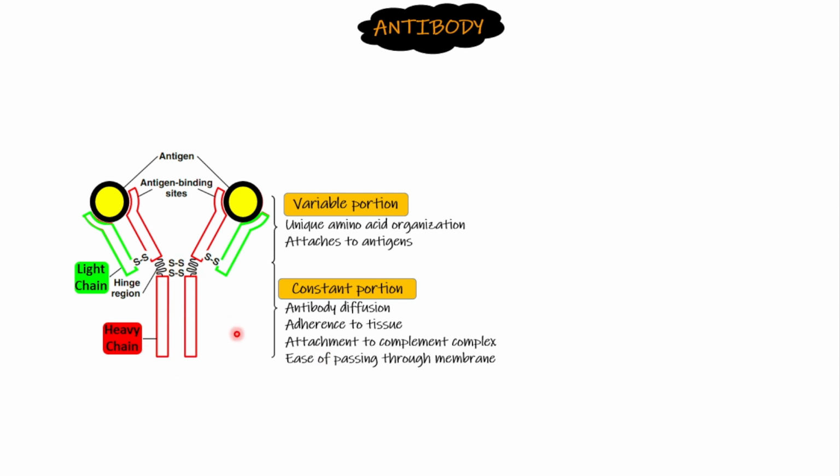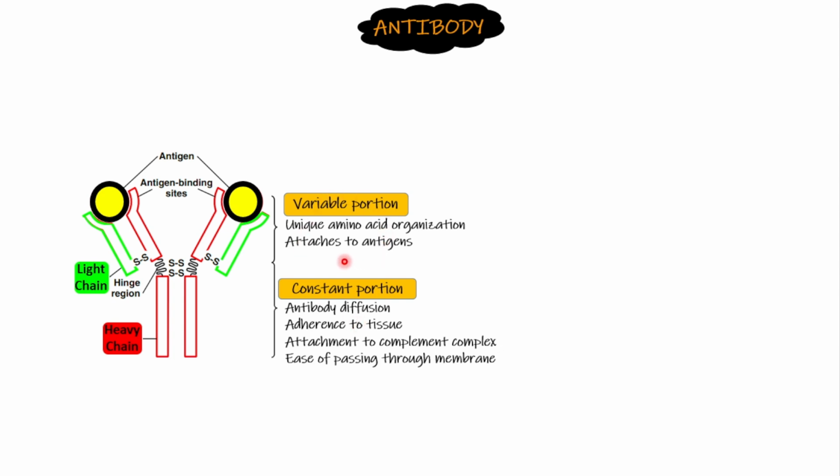It also defines the antibody diffusion and the ease of passing through a membrane. So this constant portion defines the attachment of the antibody to the complement complex, its adherence to the tissues, its ease of passing through a membrane, and also the antibody diffusion.